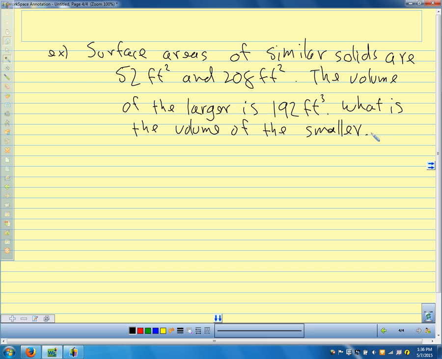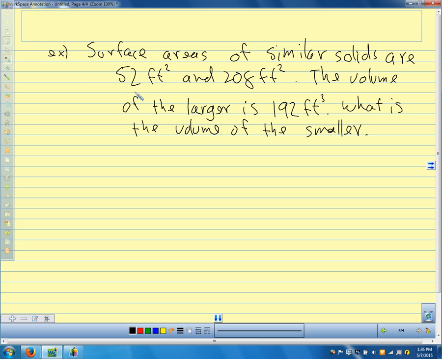So, how are we going to set this one up? What ratio can we write with the information that the problem gives us? Well, we can make a ratio with the 208 and the 52. What ratio would that give us?